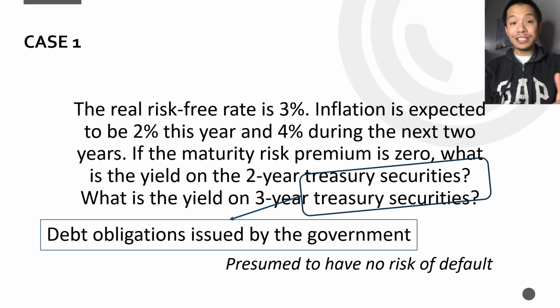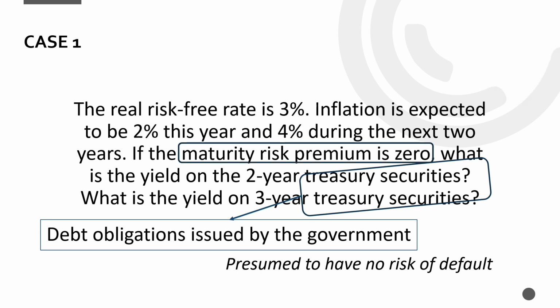Hence, it is easy to dispose of such securities. Therefore, they also have no liquidity risk premium. The maturities of Treasury securities, however, vary. In this case, one of them has a 2-year maturity and the other has a 3-year maturity. Hence, there could be maturity risk premiums. However, this case assumes that there is none.